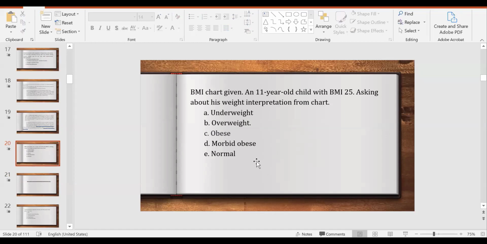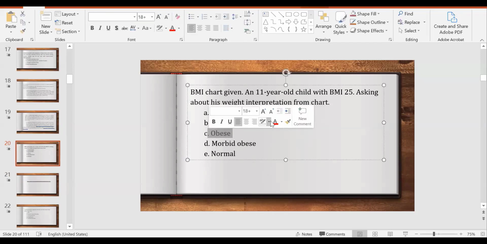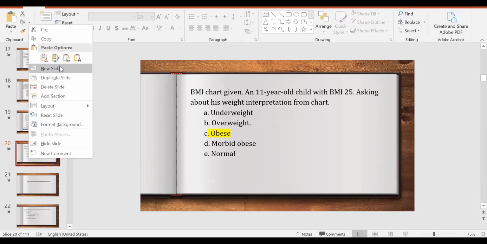If it is more than 95th, what will be our answer? So initially it was actually right, it should be obese. I think there was a confusion about the third and 97th percentile for height. All right, we'll keep it this way so that it doesn't cause any confusion later on.